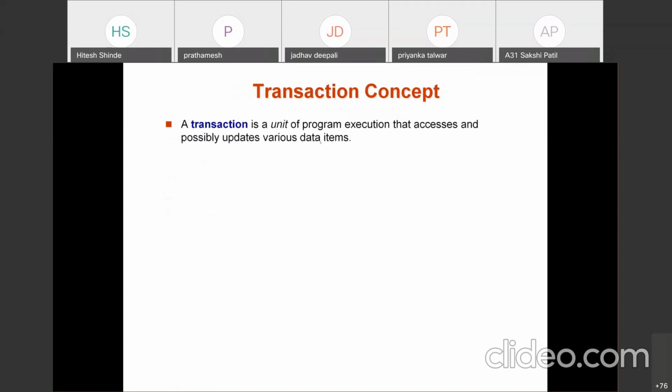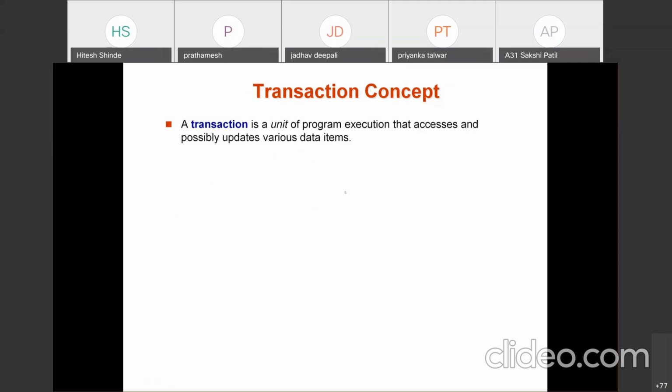It retrieves the amount from account A, then subtracts the amount we want to transfer, and performs the update with the new value in account A. Then that value we add into account B, means we also need to update account B. So it is a unit of program, a small set of instructions, a unit of program execution that accesses and possibly updates various data items. You can write down this definition in your notebook, that we call a transaction.